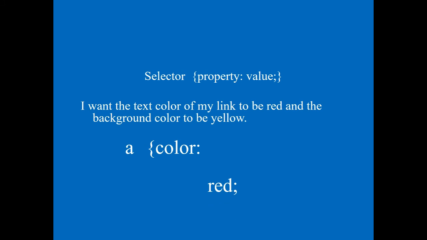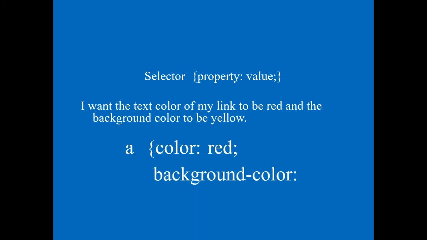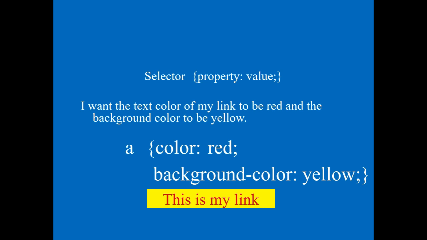So for the anchor tag, color colon red, background hyphen color colon yellow. You see the output here. This is my link, the background color is yellow, and the color is red. So this is an example of the background color and the color using CSS. So thanks for your patience.